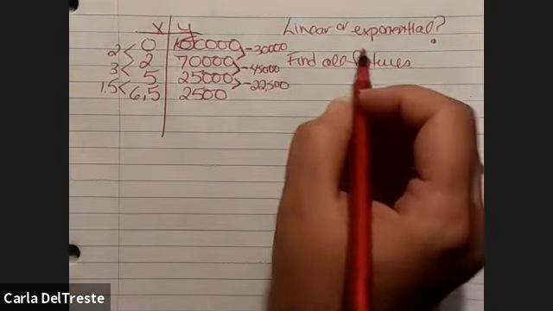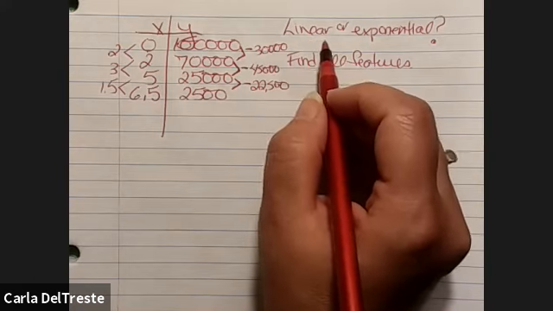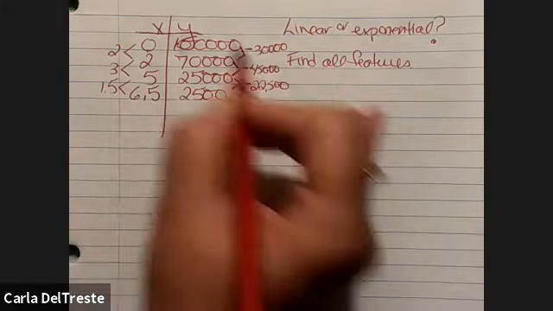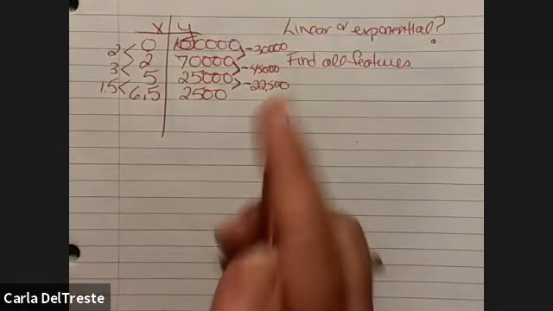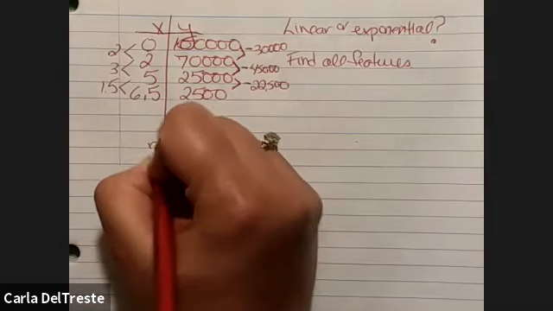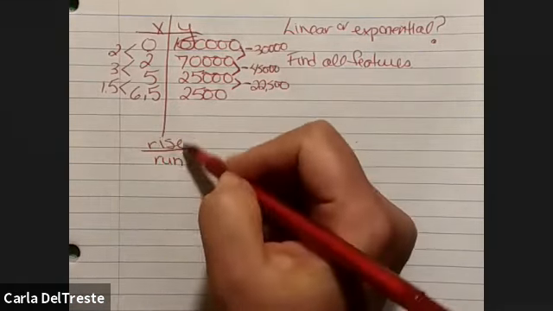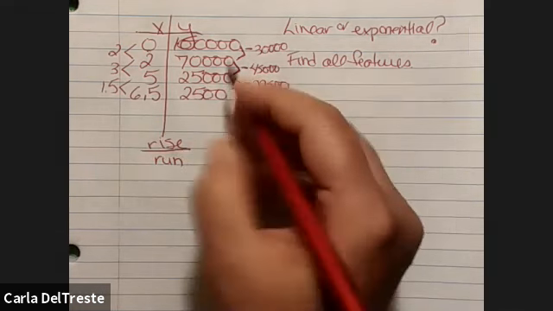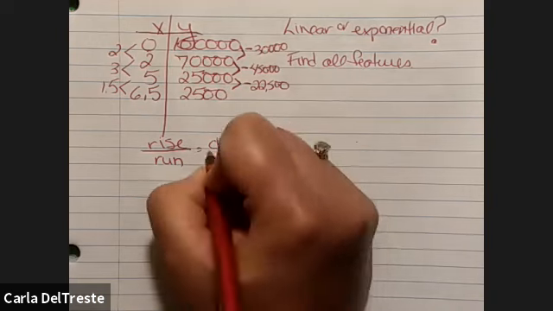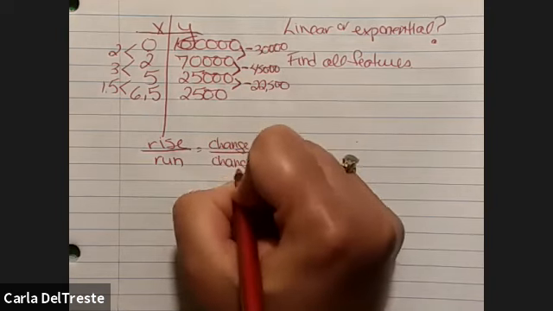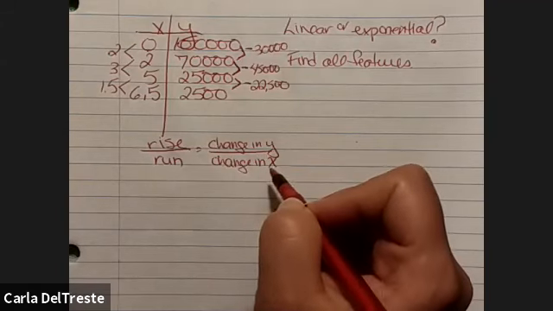Now, remember what linear means. Linear means I'm looking for a constant pattern. I don't see one explicitly here because all the numbers are different. However, remember that it's rise over run. These guys work together, they're paired together, which is also the change in y over the change in x. I need to see if this relationship stays the same.